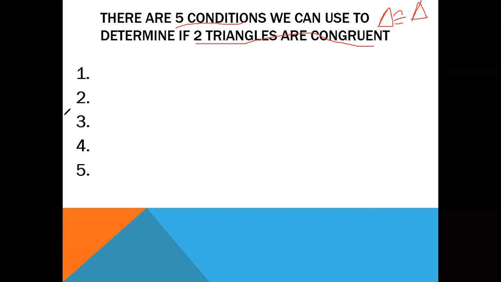Somebody tell me one way to prove that triangles are congruent that we learned today. What's one way? Angle, side, angle. All right, good, Jonathan. Somebody other than Jonathan. Side, angle, side. All right, that was Tyler and Ethan. Somebody else.